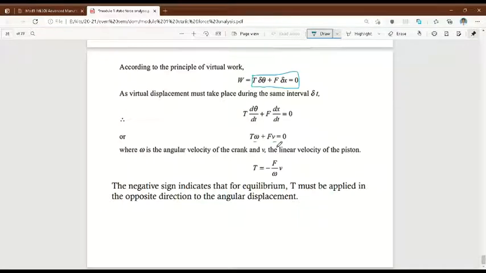So the torque will be equal to minus F into velocity divided by omega, if we bring omega down.